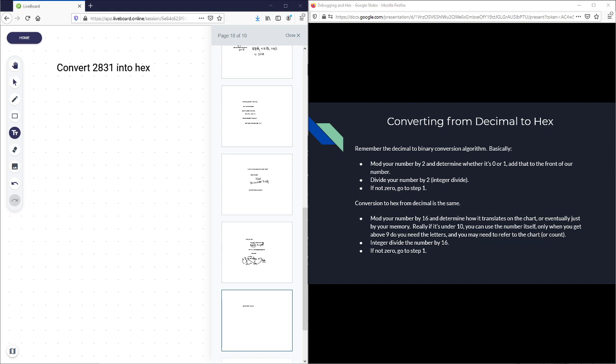So 2831 mod 16 is 15. So that's going to give us F. And then we're going to take 2831 integer divide by 16. And so 2831 divided by 16 is going to give us 176.